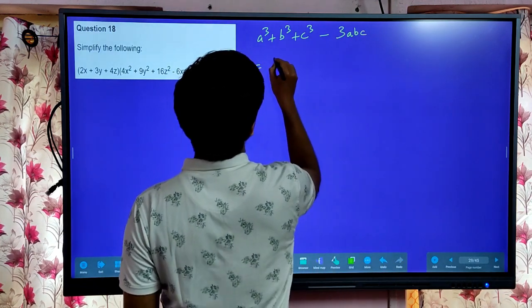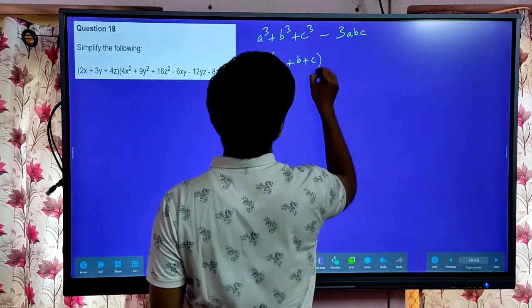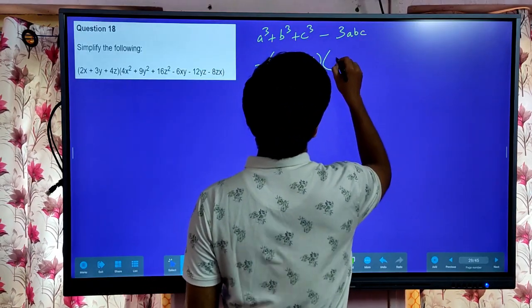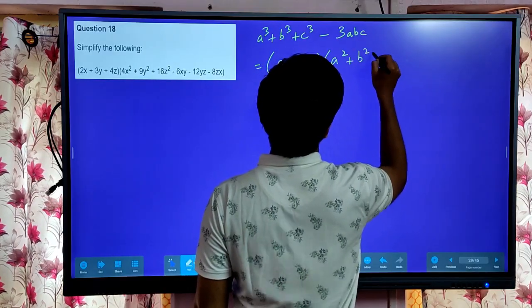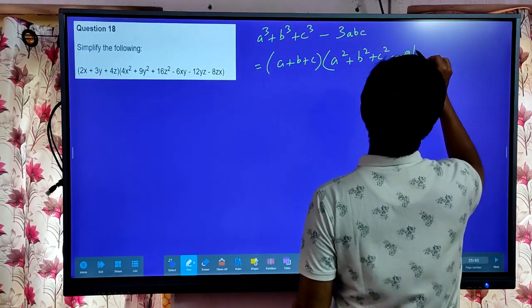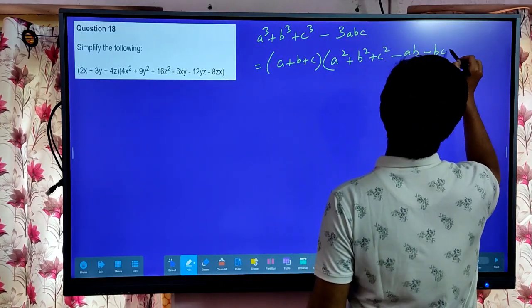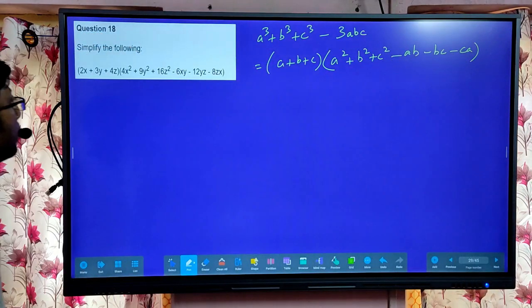It will be a plus b plus c multiplied by a square plus b square plus c square minus ab minus bc minus ca. This is the giant formula.